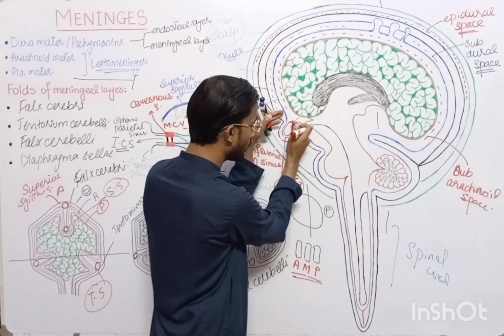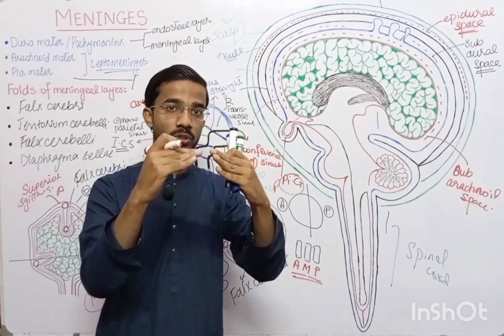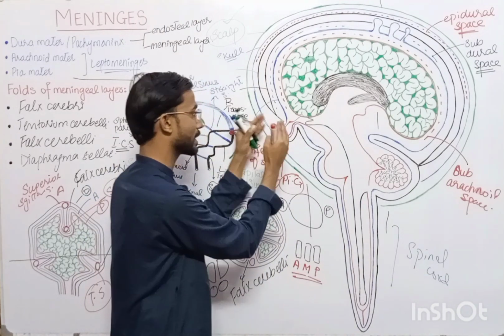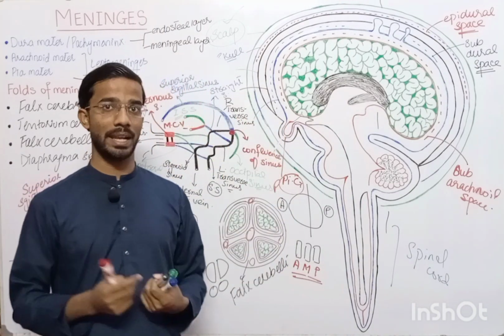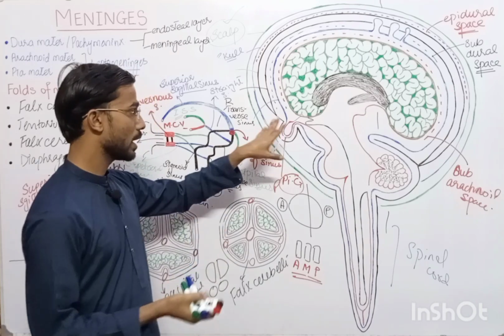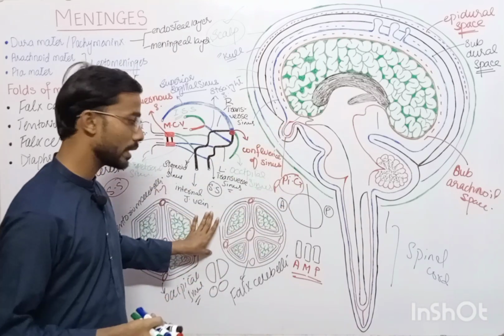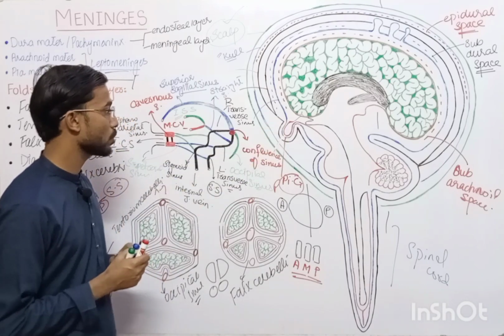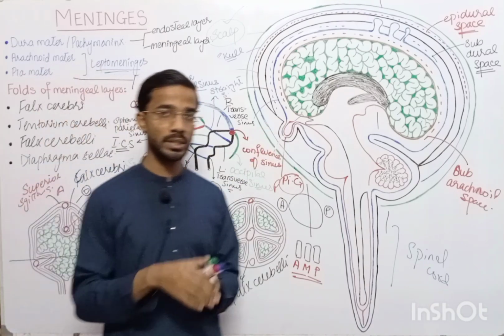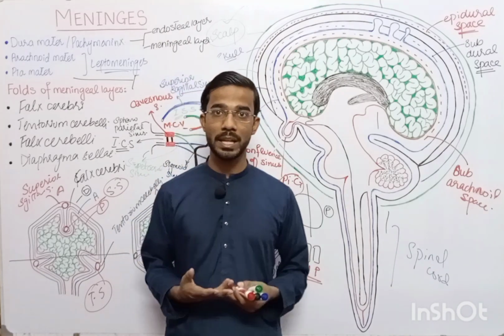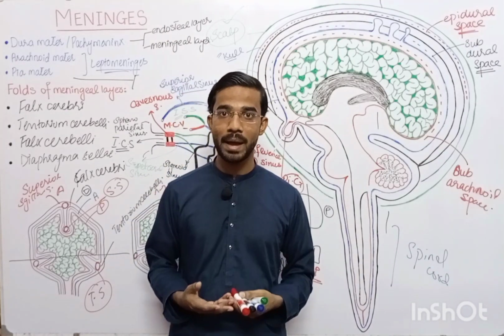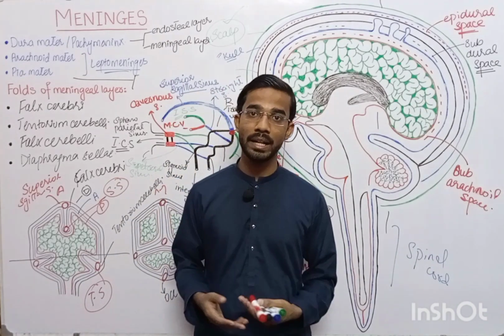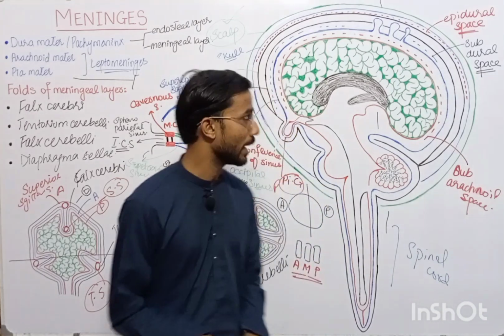These folds form a covering around the pituitary gland, and these folds are actually called the diaphragma sellae, and these folds are not prominent in these sections. So these are basically the folds. We discussed four folds: falx cerebri, tentorium cerebelli, falx cerebelli, and the last one is the diaphragma sellae.